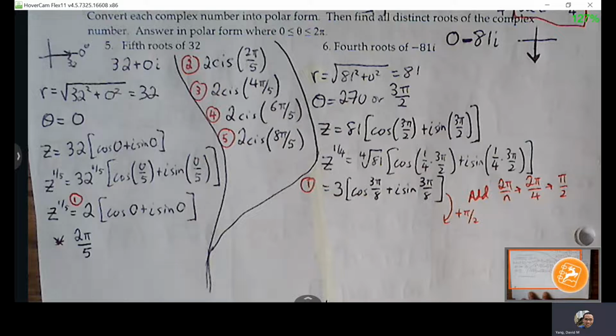Just look to see where that's pointing. So here, 0, negative 81 means that I'm going down the y-axis. So this is 270 degrees, or 3 pi over 2. Oh. Yeah. So don't involve inverse tangent if it's along the axis. You can just figure it out by looking at the quadrants. But if it's in one of the 4 quadrants, then you can use inverse tangent.